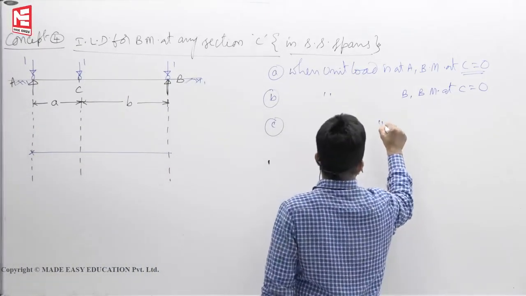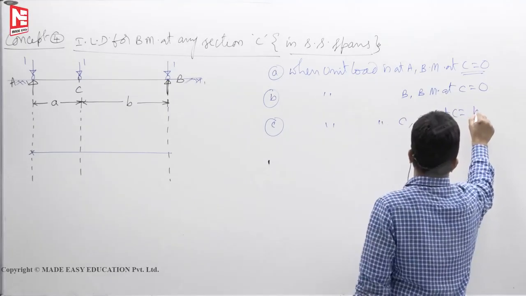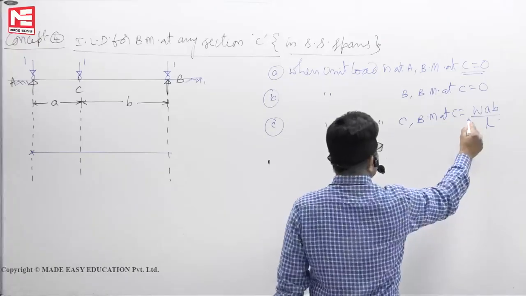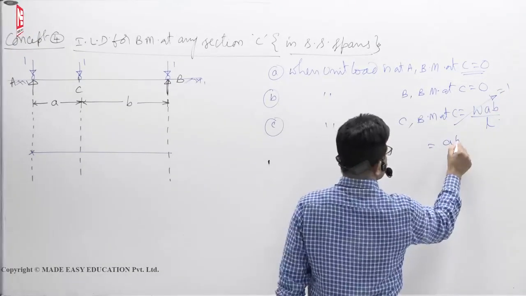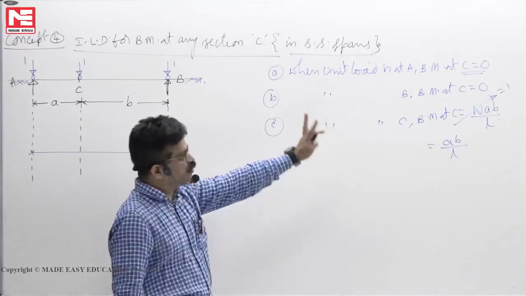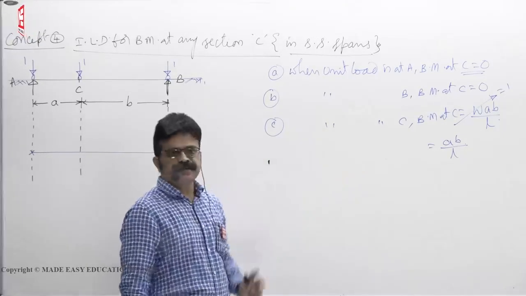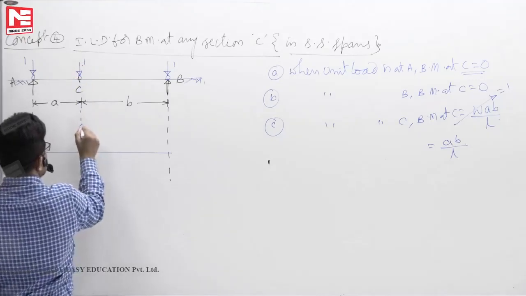When unit load is at C, bending moment at C, we know W AB by L. Now W becomes 1. So you will get AB by L. What it means is the influence of 1 on bending moment at C is AB by L.